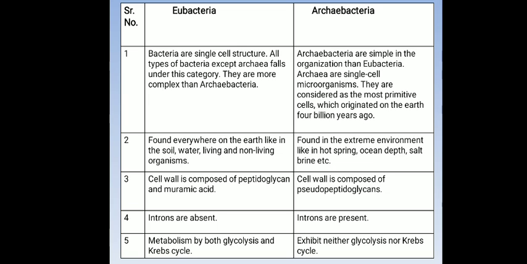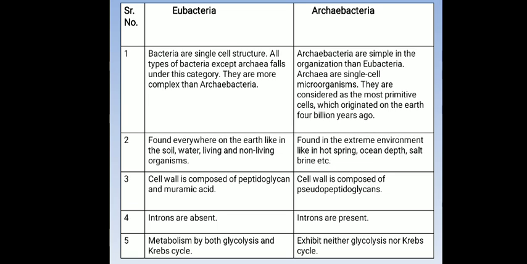Then, second point is eubacteria are found everywhere on the earth, meaning in soil, water, living and non-living organisms. But archaebacteria are found in extreme environments, meaning in hot water springs, ocean depth, salt brine, etc. The cell wall of eubacteria is composed of peptidoglycan and muramic acid. On the other hand, the cell wall of archaebacteria is composed of pseudopeptidoglycan.